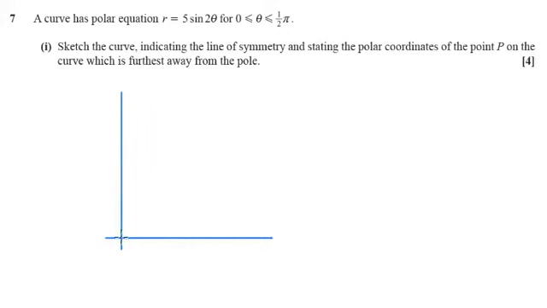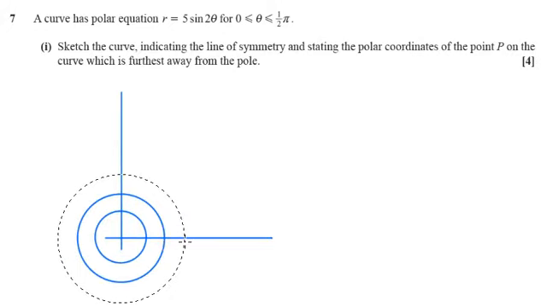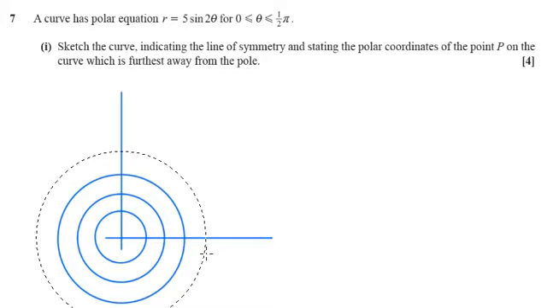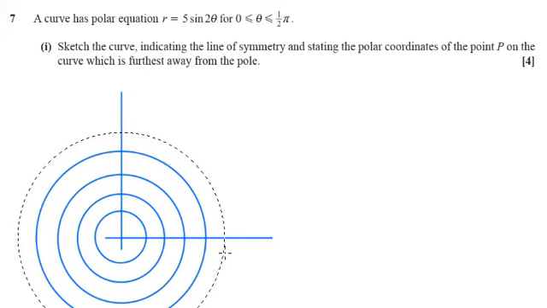I'll add some circles. If I was doing this in a real exam, I would be tempted to take a compass and a protractor in, just so that I can get my angles nice and accurate.